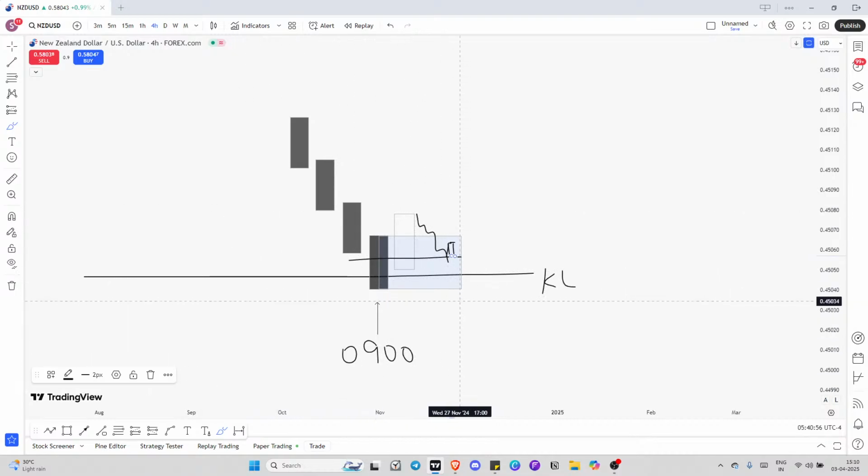So this would be around 1 a.m. And when we get this sign, you're not trying to predict the market, you're just reacting to the footprint of the market makers.